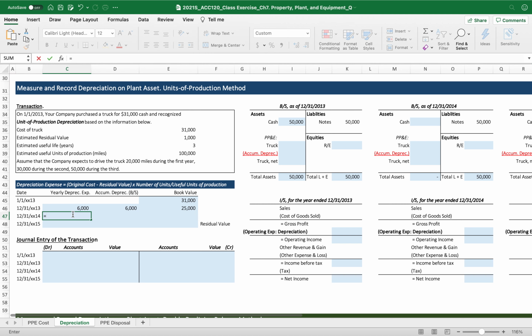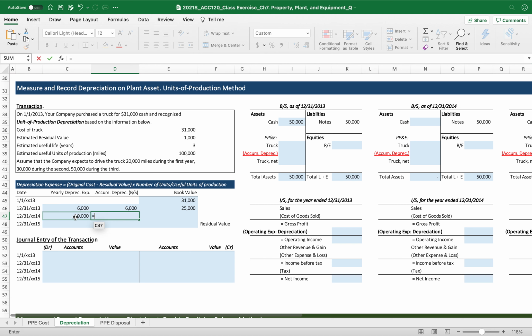Second year end, also 31,000 minus 1,000 is the depreciable cost. We apply the percentage of the usage of this truck. Now the second year, 30,000 miles divided by 100,000 miles, the total useful life, right? So we put this percentage, so $9,000.